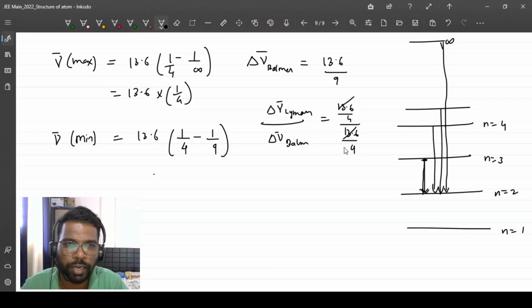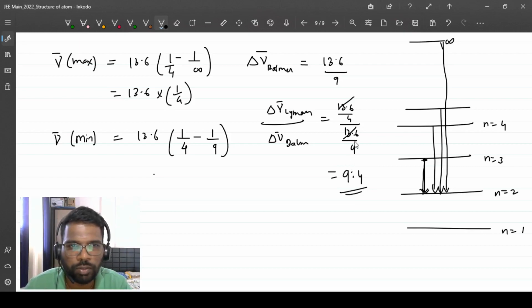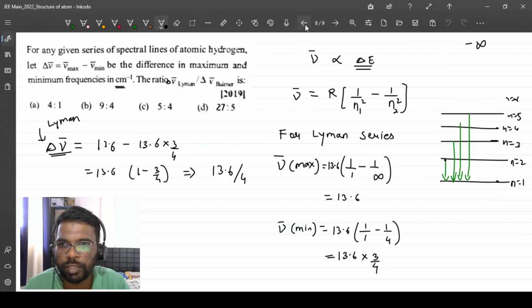The 13.6 terms get cancelled. What remains is 1 by 4 and 1 by 9, so this will be 9 is to 4. That will be the ratio. So the option over here, B, is correct.